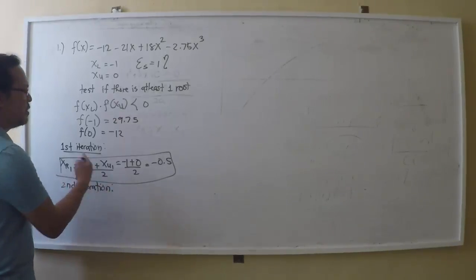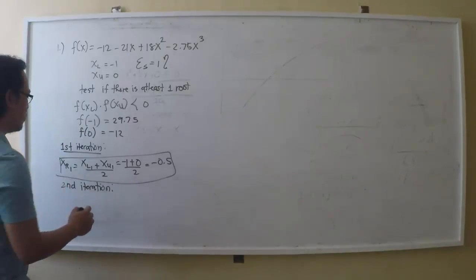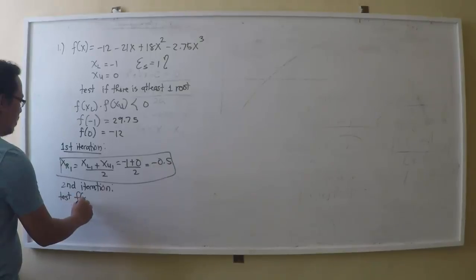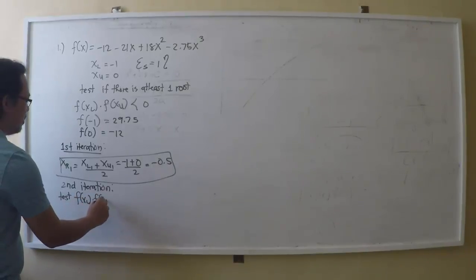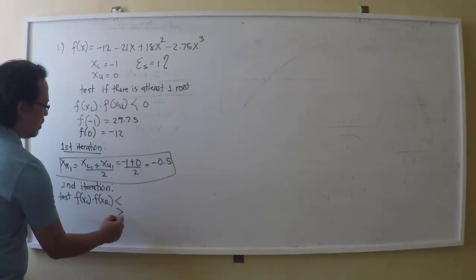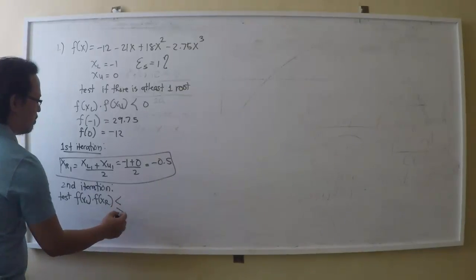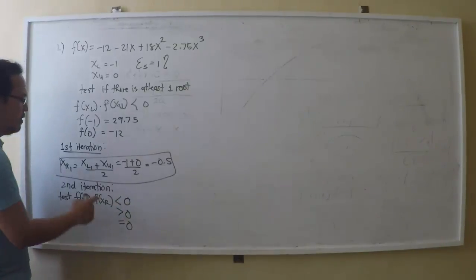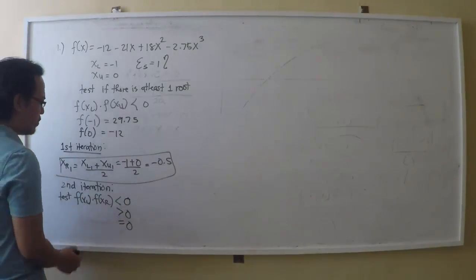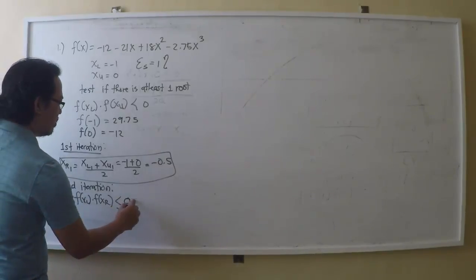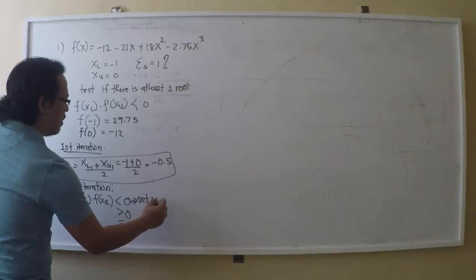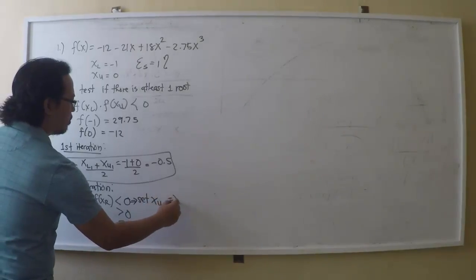Before we use the boundaries, we need to test first. The test is f of xl times f of xr. Is this less than, greater than, or equal to 0? If less than 0, we know what to do: we set the new upper boundary equal to the root.